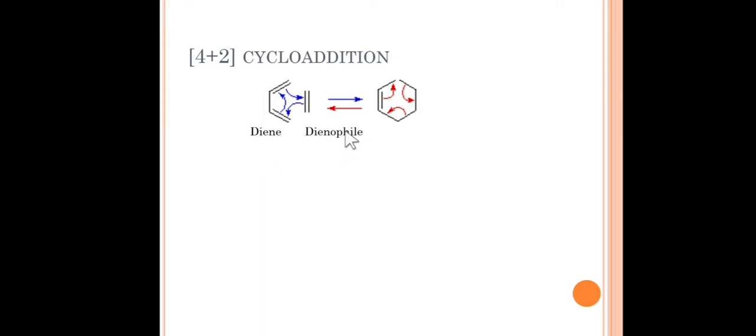And how about the dienophile? Dienophile is a simple double bond, or I will say a pi bond, and it always contains an electron withdrawing group. So it is an electron deficient species and always has an affinity for the diene. So it is called a dienophile, just like nucleophile, electrophile.